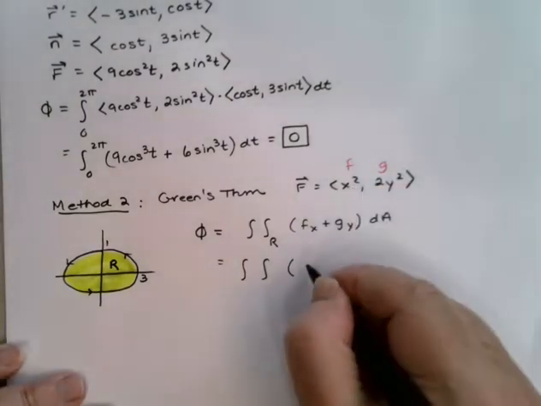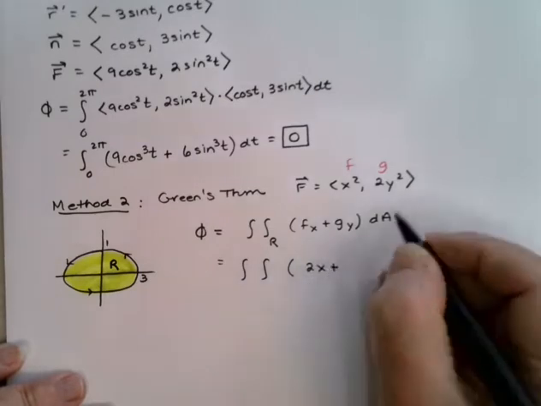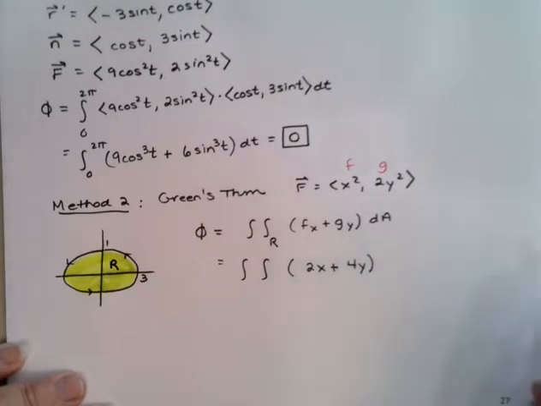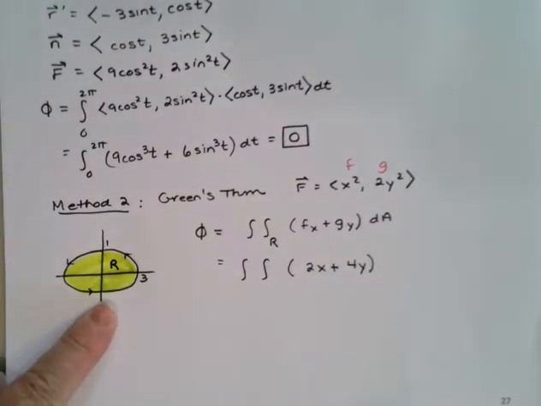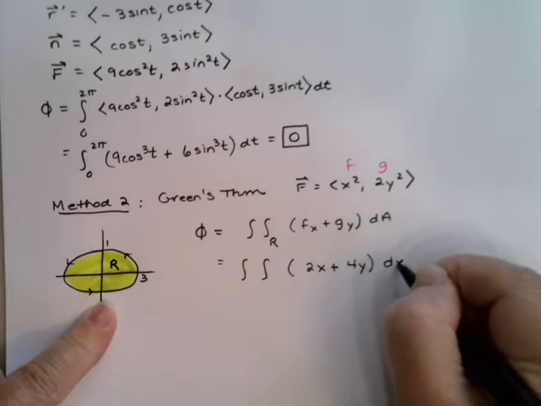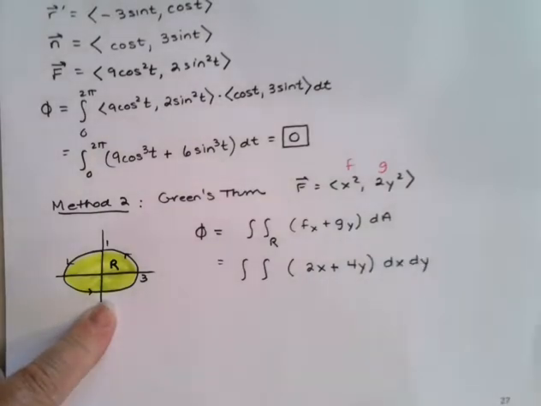So f sub x is 2x, and g sub y would be 4y. Because this is an ellipse, not a circle, I don't think polar coordinates would help me very much. So I'm going to stick with rectangular, and I'm going to go with dx dy here. I'll show you why in just a minute.